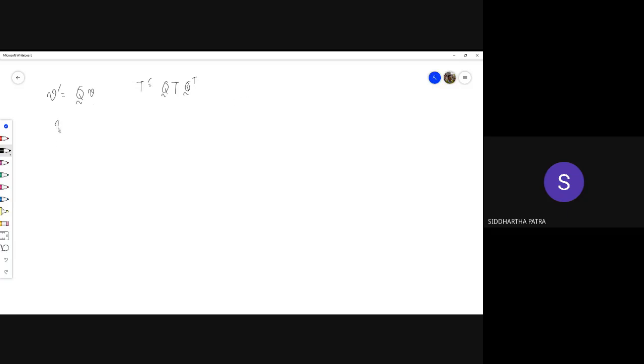Now, if I get n1, n2, and n3, which I can always get as an orthonormal basis, actually I should be calling it an orthonormal base.